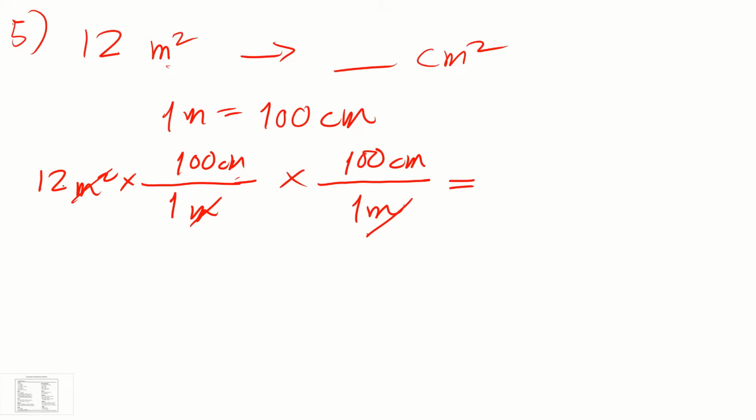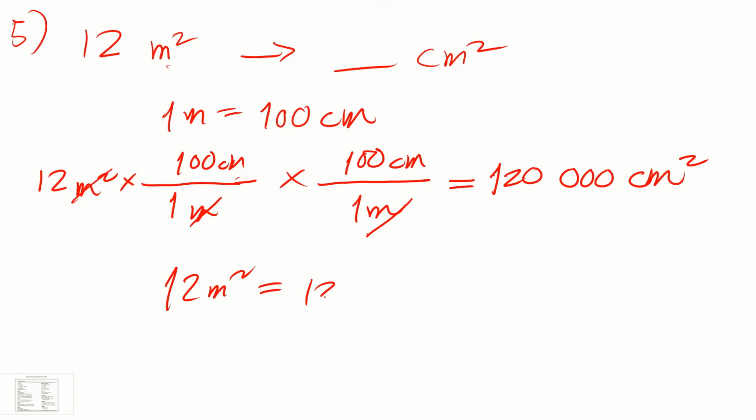So multiply the value now: 12 times 100 times 100 will give us 120,000 square centimeter. So now 12 square meter is equal to 120,000 square centimeter. You can check for the number of correct sig figs. Meron tayong dalawa dito, so this is already in the correct number of significant figures.